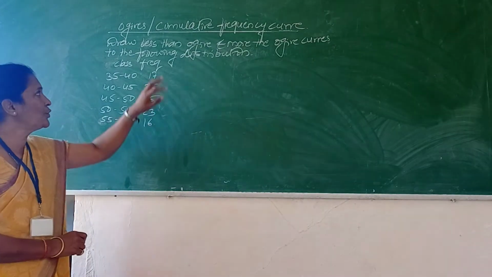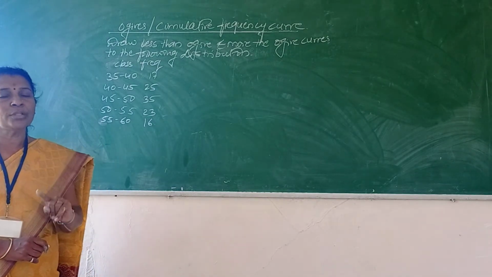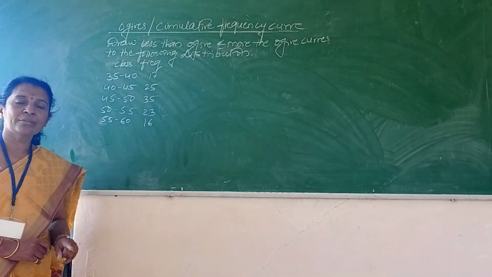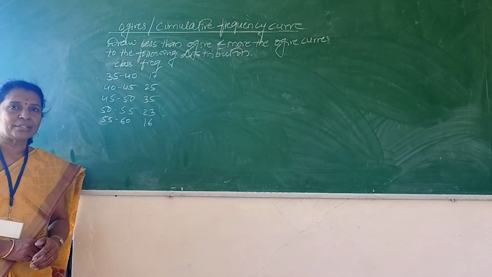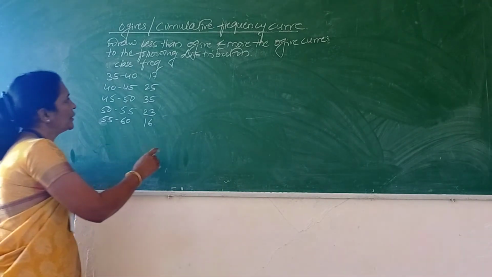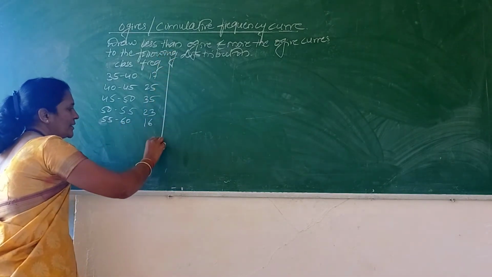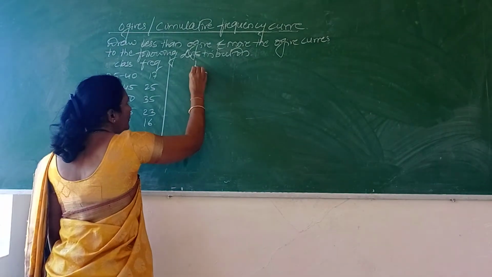As we are going to draw both the curves, here you have to find out both less than cumulative frequency and more than cumulative frequency. First, here we will take into account less than cumulative frequency.